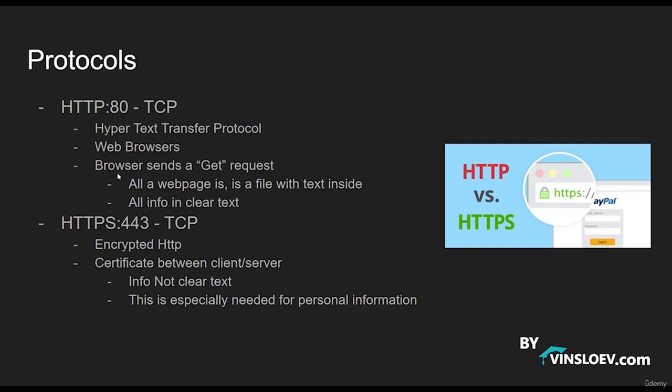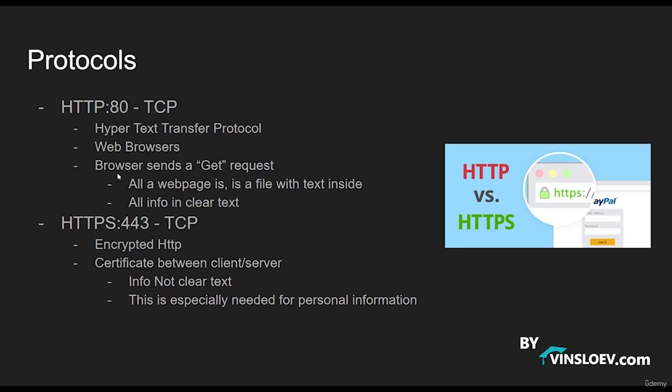And all a web page is basically a file with some text inside. So your browser will say, hey, I need this file and information because my user is currently going to watch Google, so I need to see what is on the Google page. And all the information that is transferred between you and the server is all in clear text, meaning that anyone can see whatever is getting transferred.